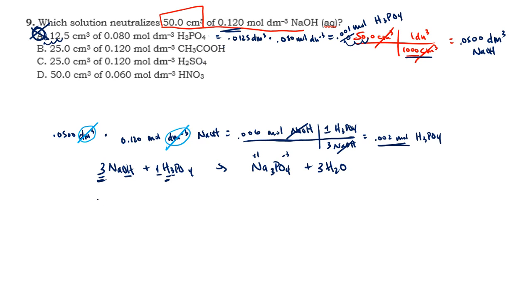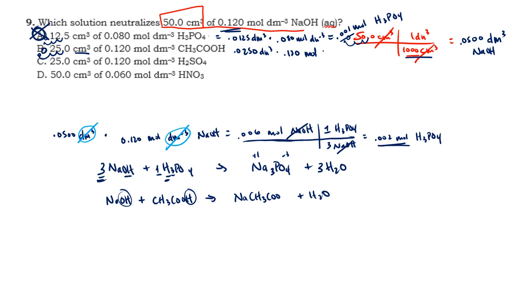Same idea with this next one, but now I need a new balanced equation. So I still have sodium hydroxide, but now I am adding to that some ethanoic acid. This H and this OH are going to neutralize. We're going to end up with sodium ethanoate and water. And I have a lovely 1-to-1-to-1. So I'm going to turn my cubic centimeters of my ethanoic acid into 0.0250 cubic decimeters of 0.120 moles.